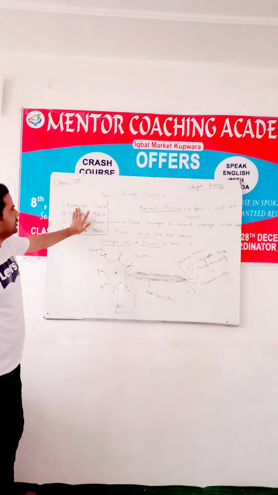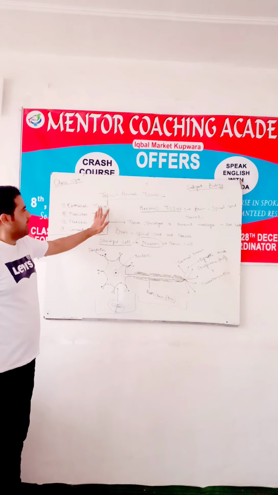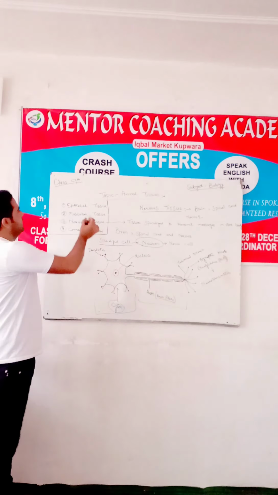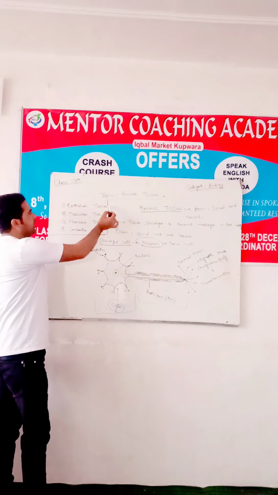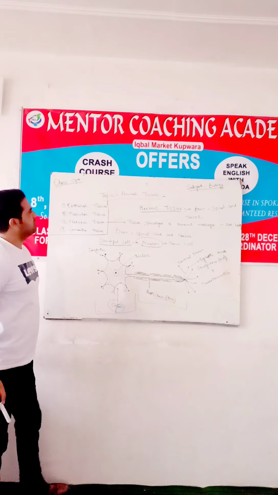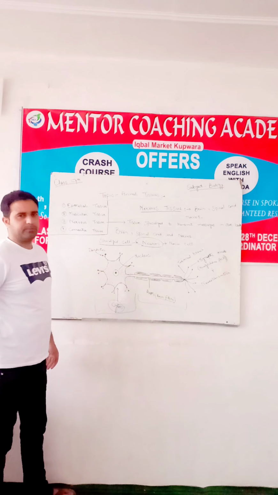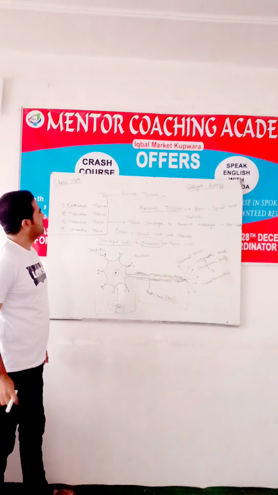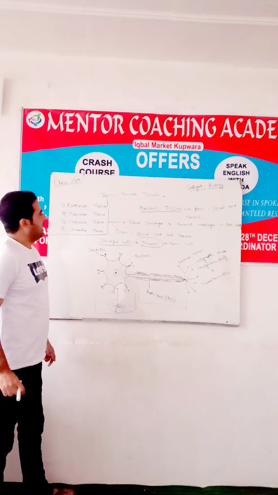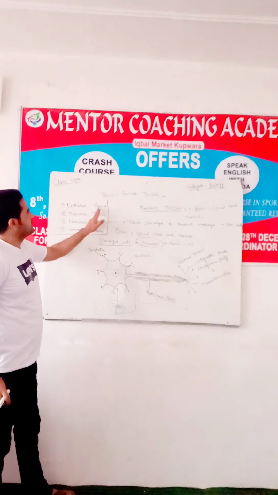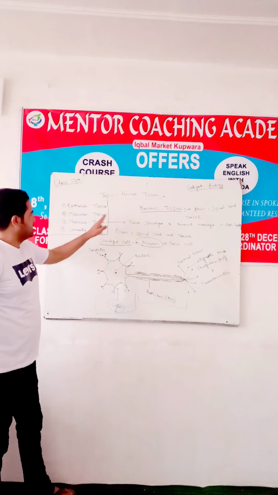The epithelial tissue, what type of function does it perform? It is mostly responsible for protection. Sometimes it performs excretion also and other functions, but mostly it is responsible for protection.